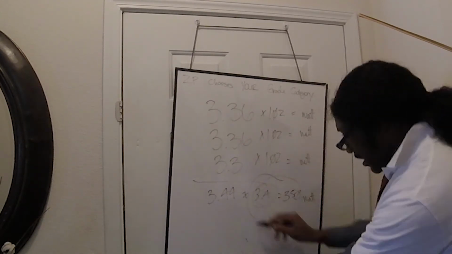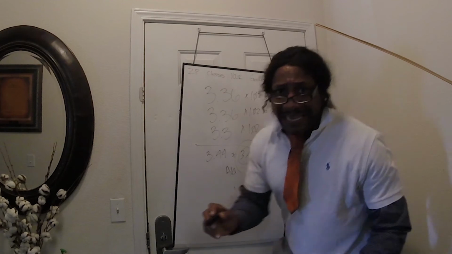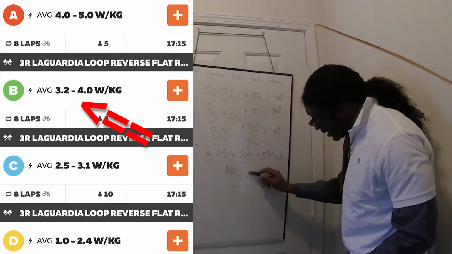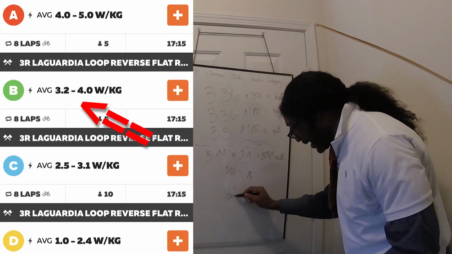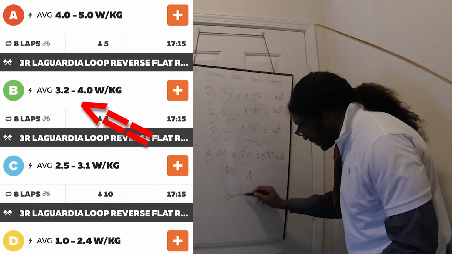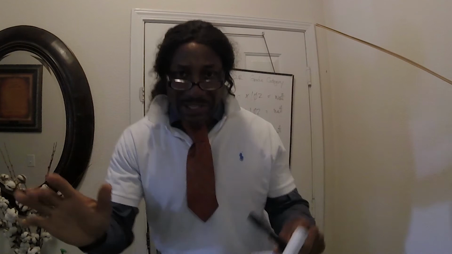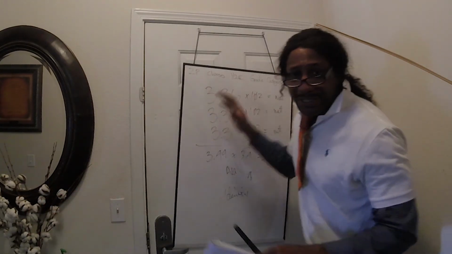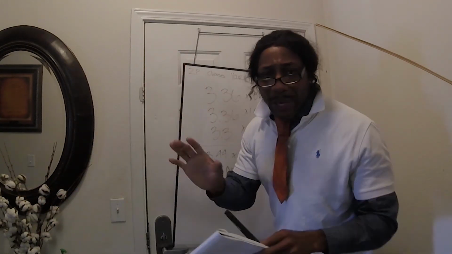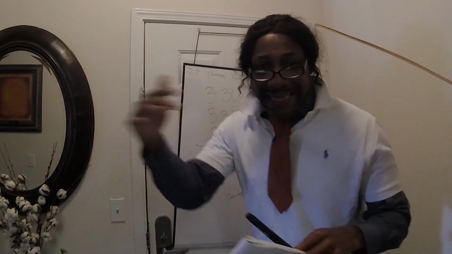So this right here being Mr. Critwit's average is what they use to identify that Mr. Critwit is a B racer. As these numbers fluctuate and move around, they will put you at almost the next category. So hopefully that answers your question.